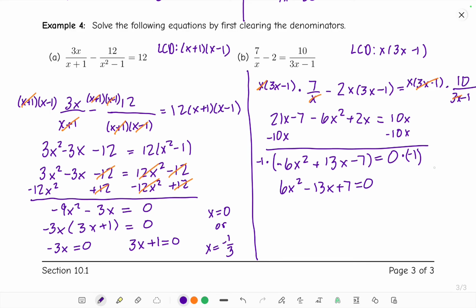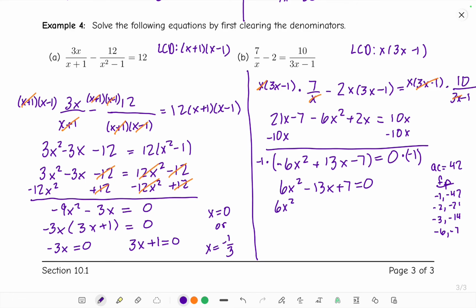Now the AC method, well, A times C equals 42. Then the factor pairs, which I'll abbreviate FP, of 42 are negative 1, negative 42, negative 2, negative 21, negative 3, negative 14, negative 6, negative 7. And that one works.